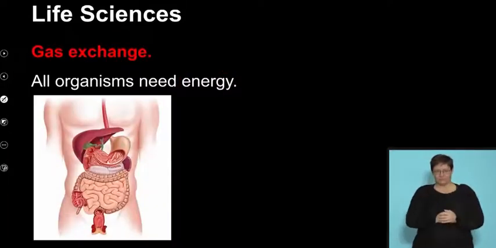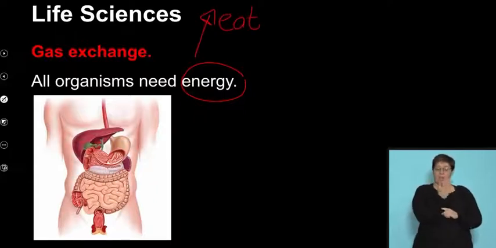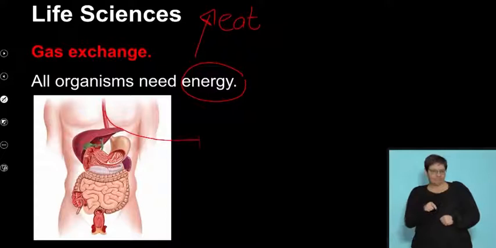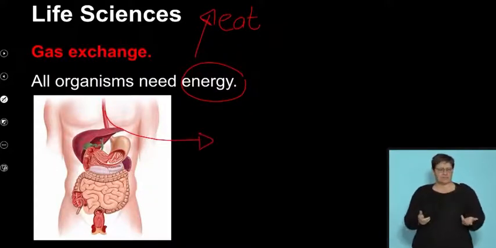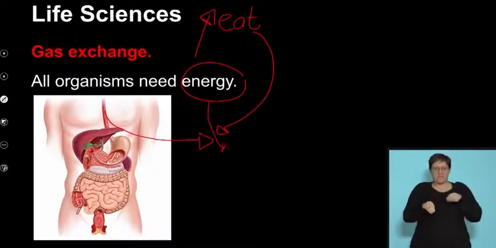Then we looked at the whole process of digestion. Now, how does it relate? Energy was in the food that we eat. So first the plants made it, then we eat it. And when we look at our digestive system, what happens at the end of the digestive system? The food that we eat gets broken down into a usable part.